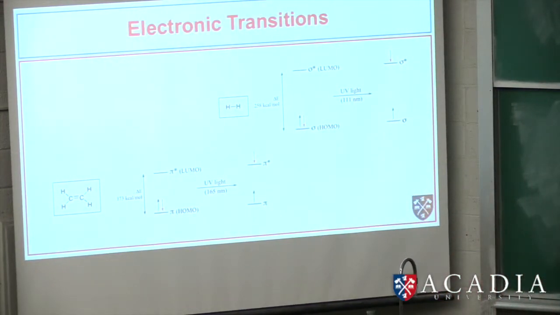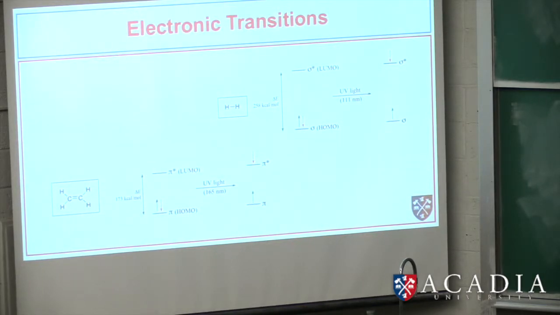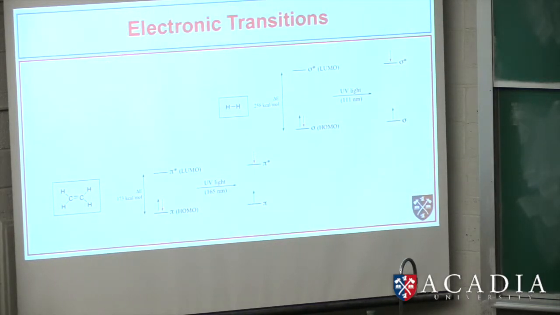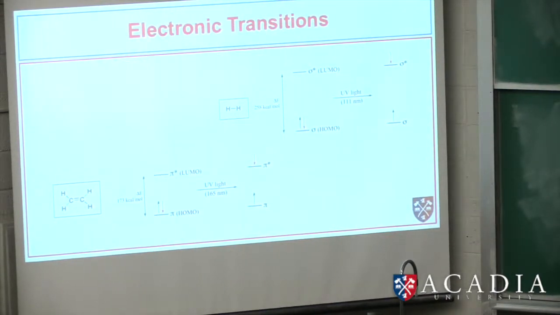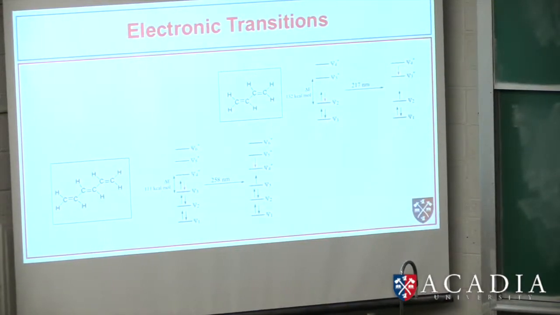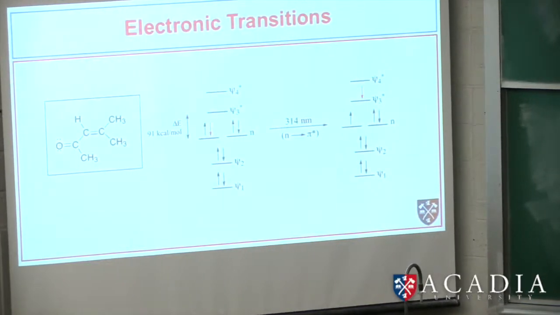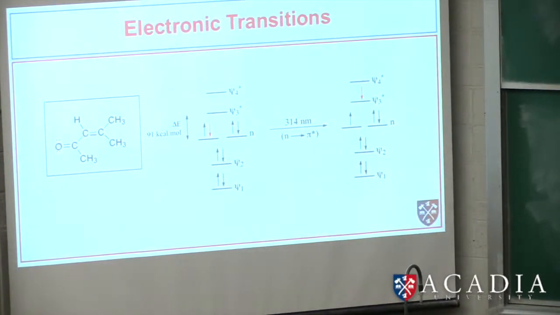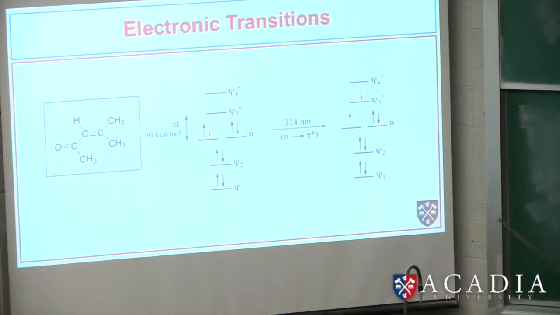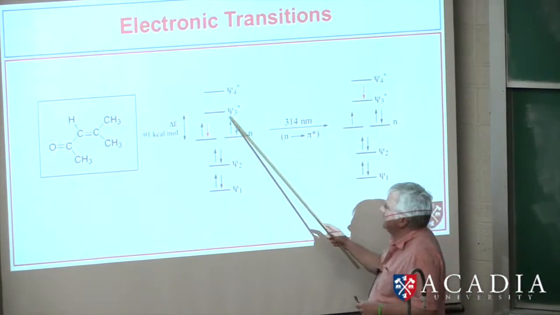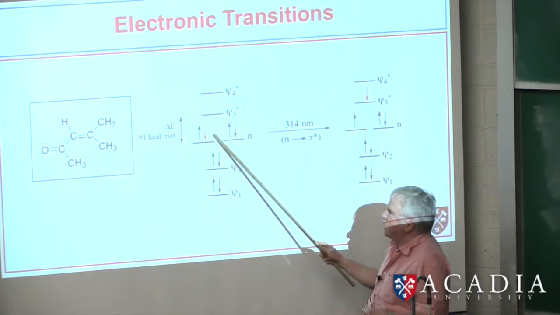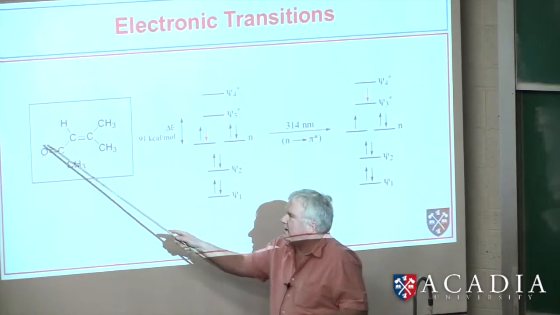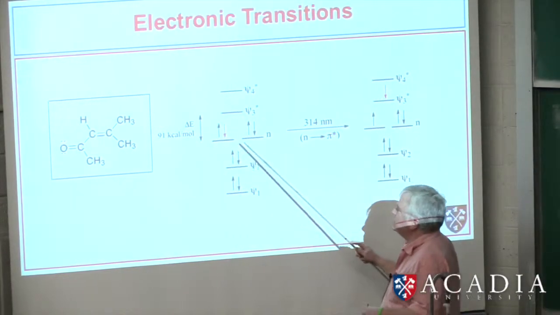the LUMO. Okay? And we saw that now we looked at the pi star, considerably lower energy light required to make that transition, and as we go to more and more conjugation, that gets lower and lower. We talked a little bit about ketones, and ketones, because they actually have these electrons in these n orbitals or non-bonding orbitals, and that's the lone pair of electrons that we draw on the oxygen.